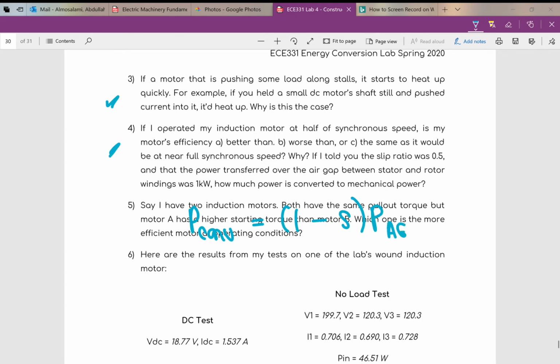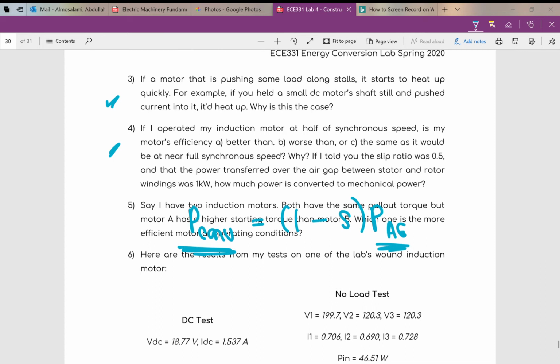So as power is coming into the stator of your induction motor, how much of that power gets wirelessly transferred from the stator to the rotor? That's P air gap. And then how much of that power gets converted to mechanical power? That's what P converted stands for. It has a relationship that it is 1 minus S times the P air gap.